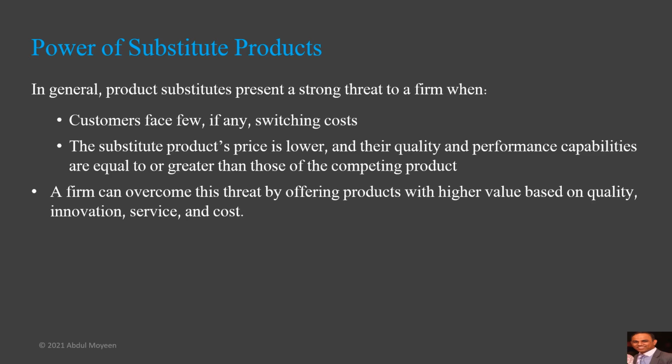Firms can offset the attractiveness of substitute products by differentiating their products in ways that are perceived by customers as relevant. Viable strategies might include price, product quality, product features, location, or service level.